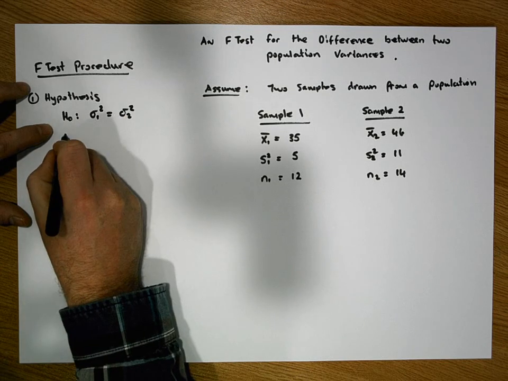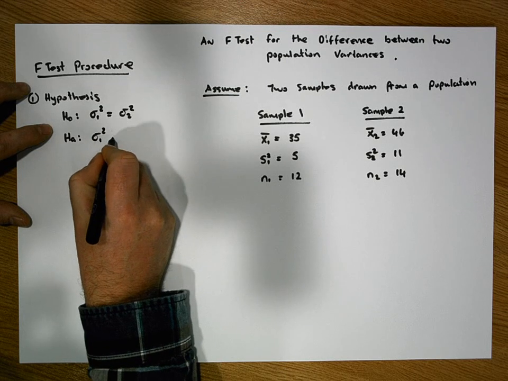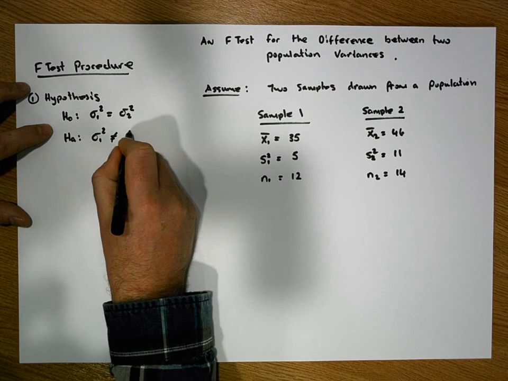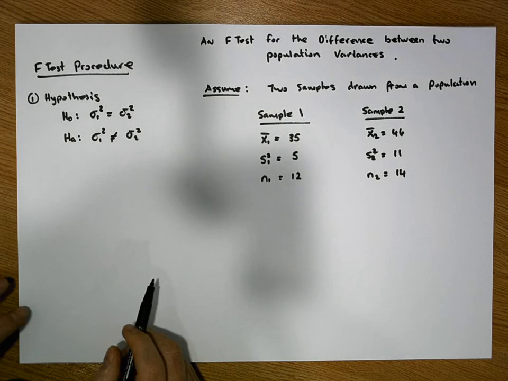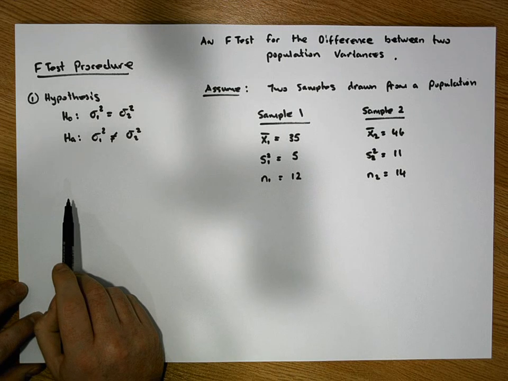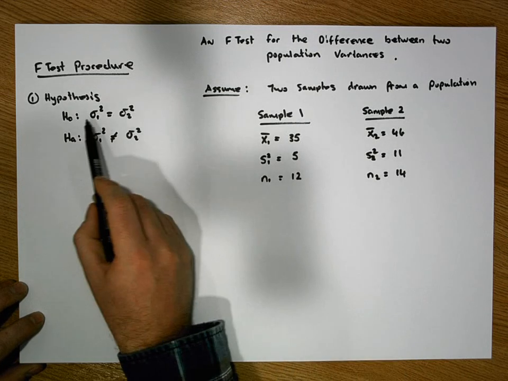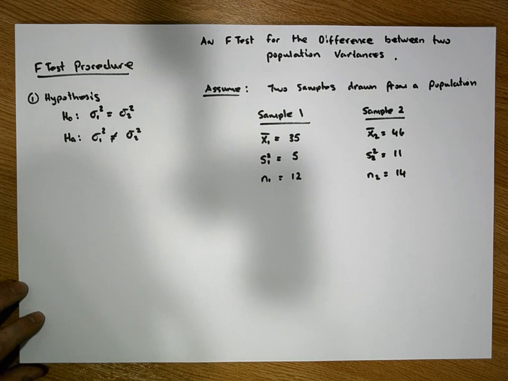The alternative hypothesis is that the two population variances are different. We assume the null hypothesis to be true until our evidence suggests that's not the case, and that we can reject the null in favour of the alternative.